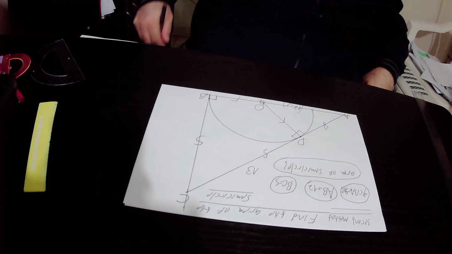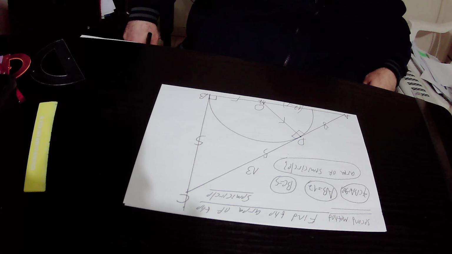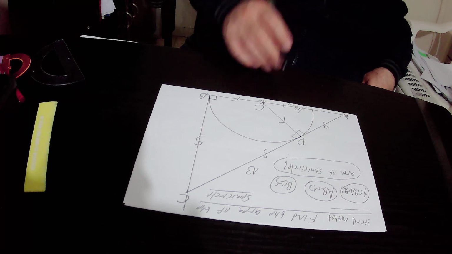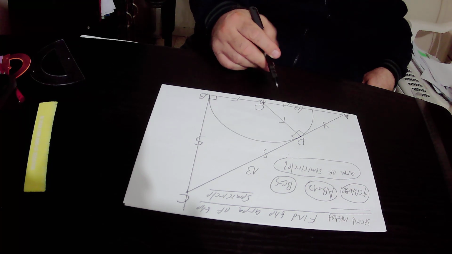Okay, now we can implement the Pythagoras theorem in the right small triangle ADO, and we'll find the radius, which is the only missing variable.